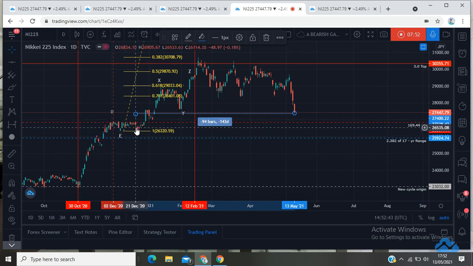We arrive at this point, and this point here also is a very peculiar point in the cycle range of Nikkei 225 market. This point here is also the ending point of a 17-year cycle, and we will not discuss that for now. But we want to say that the origin of the 17-year cycle is a very strong point to consider.